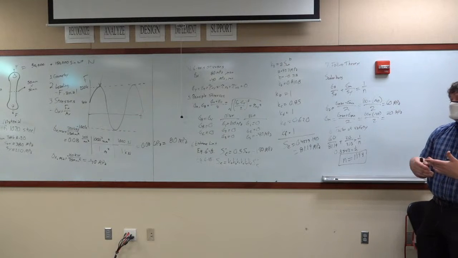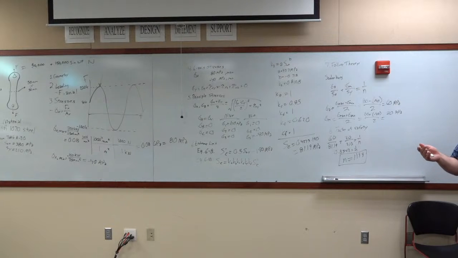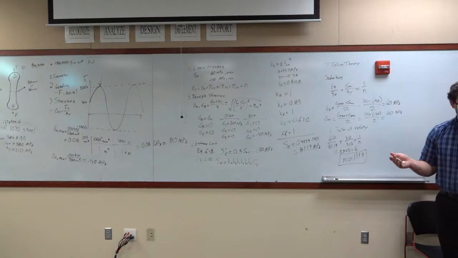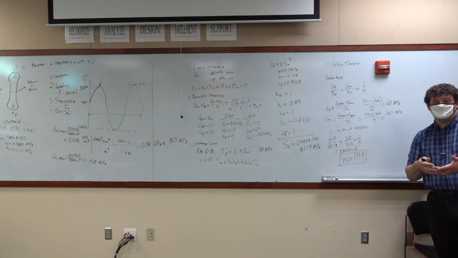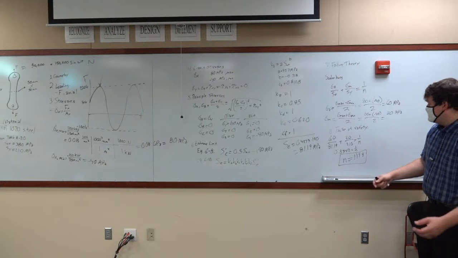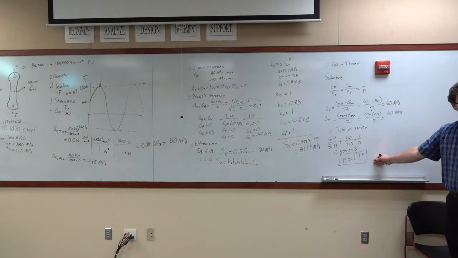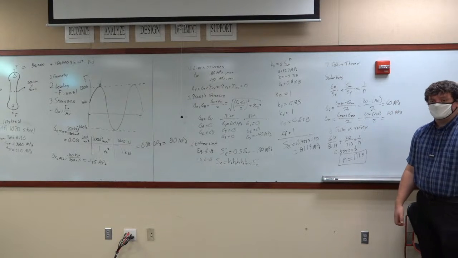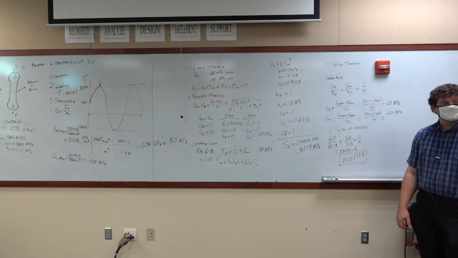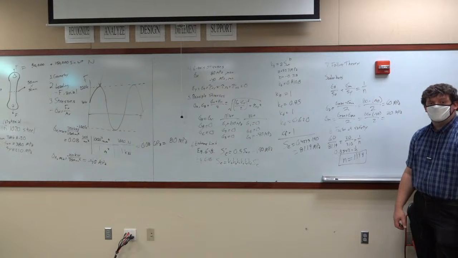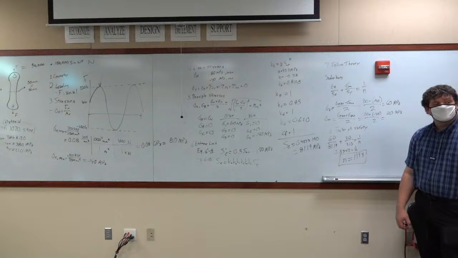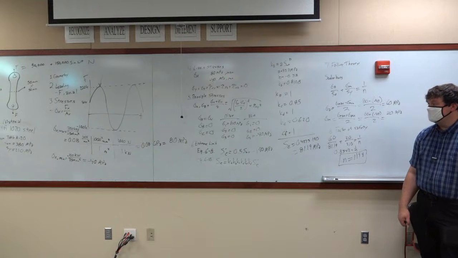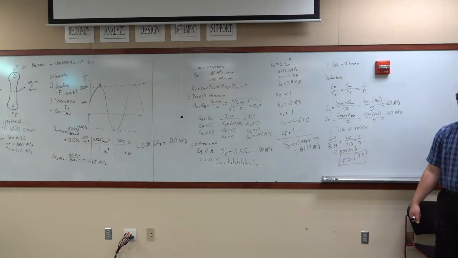Or maybe it's 2 because the loading changes based on environmental conditions. On a hot day, maybe it's higher because the components expand. So let's say this is not acceptable. We have to have a value of 2. What do we do? How do we solve that problem?